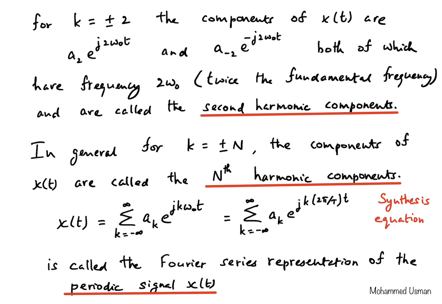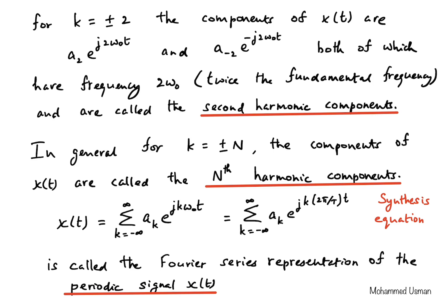So this is what we have discussed in today's lecture, and we have come across some other terms, like the harmonic components: the first harmonic, second harmonic, and nth harmonics. That arises when we lay a restriction on the representation that the frequency components are integer multiples of some fundamental frequency value, which we denote as omega naught.